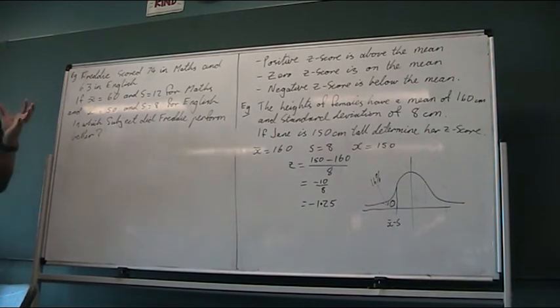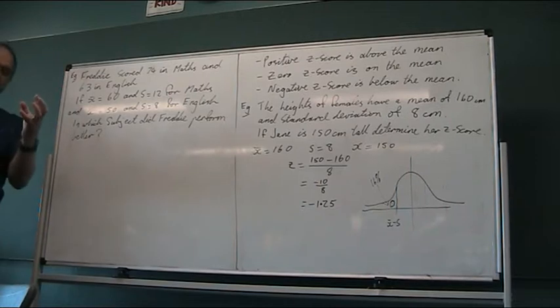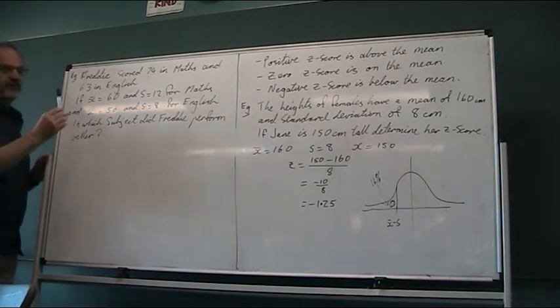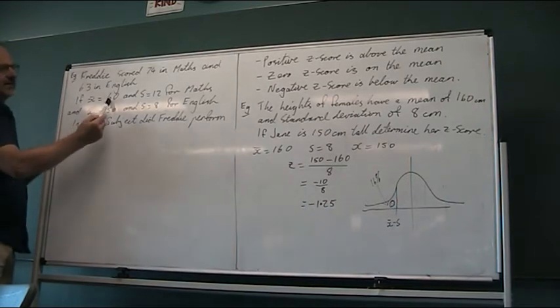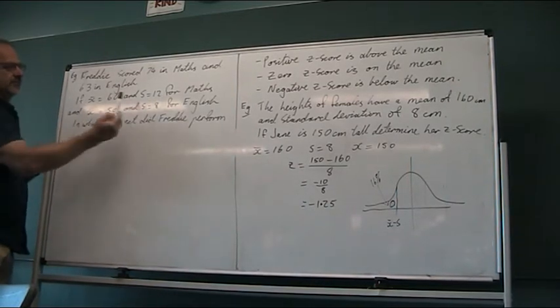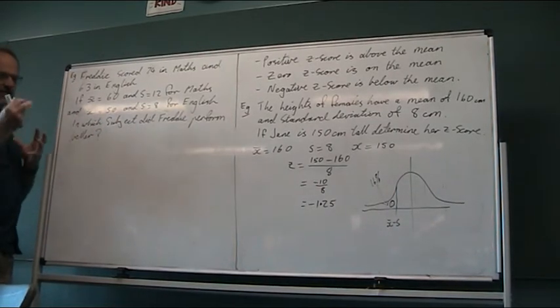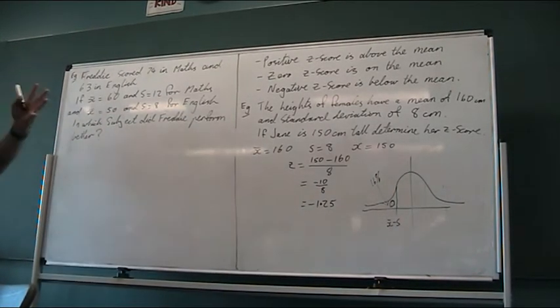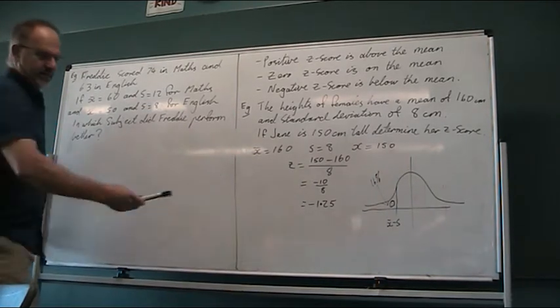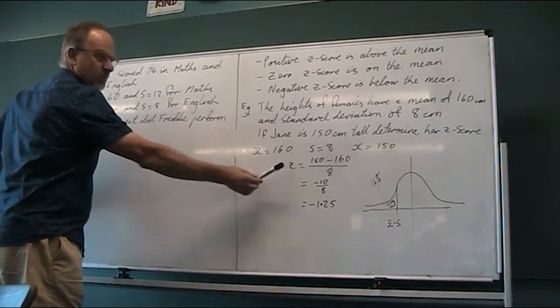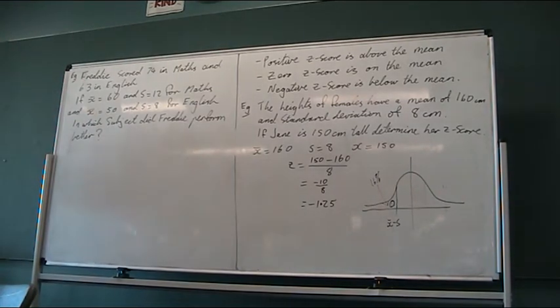If it's in comparison to the groups, so in which group, the maths group or the English group, did Freddie perform better, that's when we need to take into account the means and the standard deviations of each, and then come up with a way of comparing the two. And as I mentioned, it's the Z score that we use to compare.